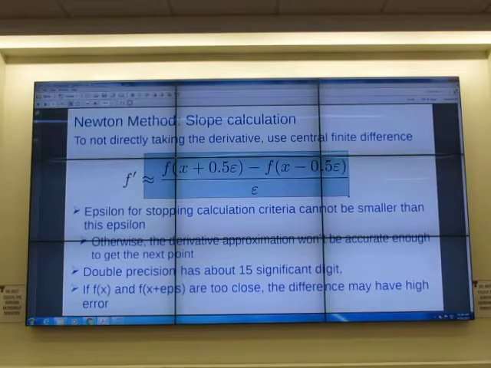If your epsilon for stopping the calculation is less than this, you get a problem, because whenever you approximate the slope, you never get as accurate as the epsilon that you use to stop the calculation. So this epsilon for the slope should be the smallest in your numerical scheme. The epsilon for stopping the calculation should be a little bit larger than that.